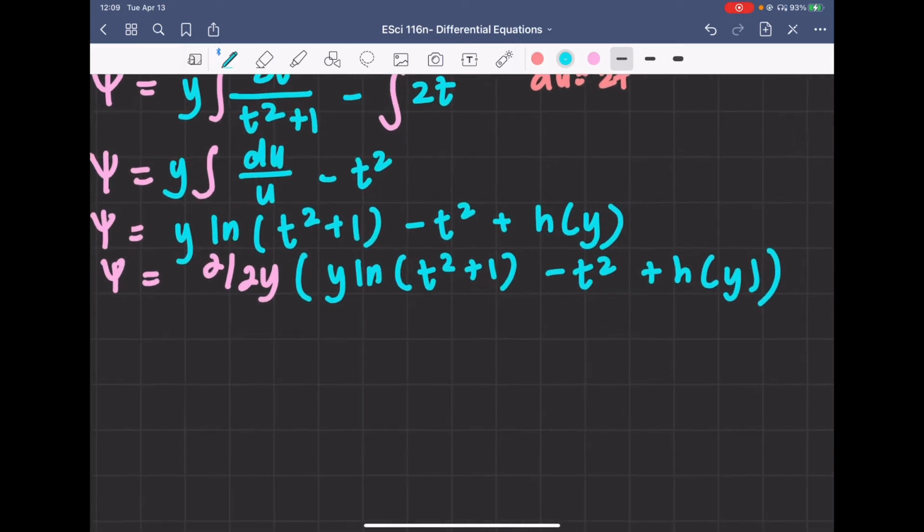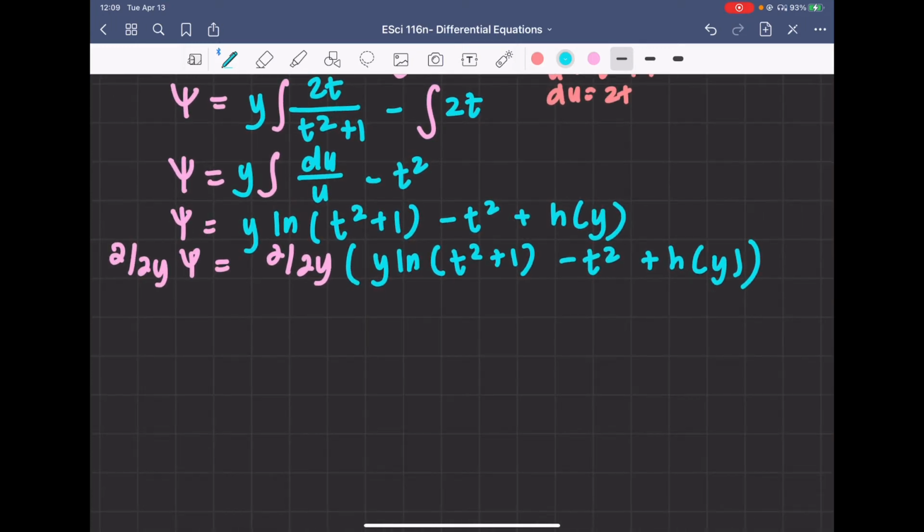Since all of the t variables here are considered constant, the partial derivative of this is simply ln(t squared plus 1). The partial derivative of t squared with respect to y is 0 because it doesn't have any y. It's plus h prime of y.